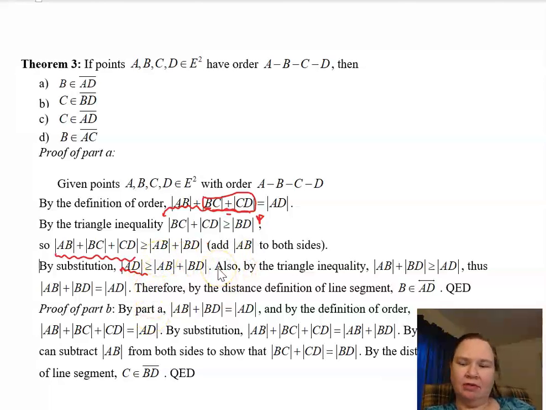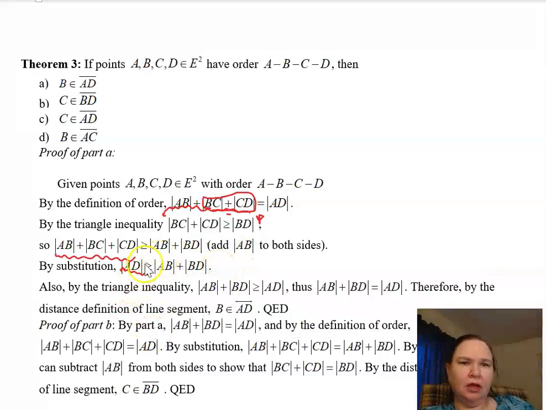So I have this new inequality, and notice it has something in common with the one I want. I want to prove that B is on AD.